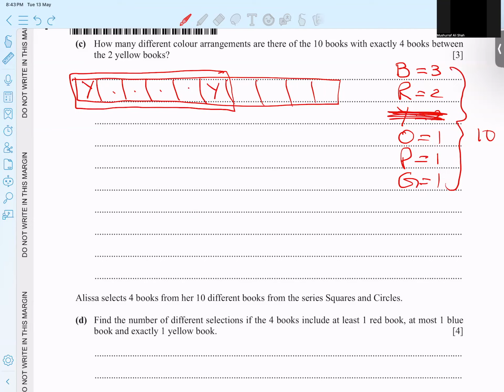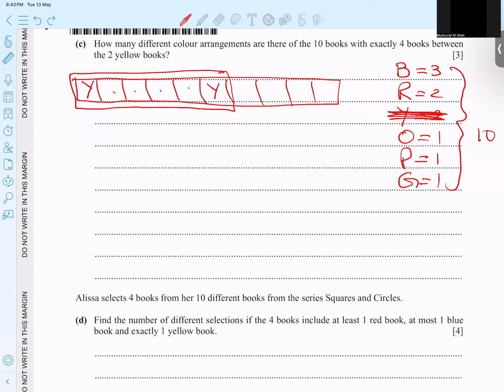8 things. If we look carefully, this 5, 6, 7, 8. My question here is very important. Are special books inside? Did he mention special books? No, not at all. It means all these colors can come inside and outside. So that is why I counted them together. So 3 plus 2, 5, 6, 7, 8.